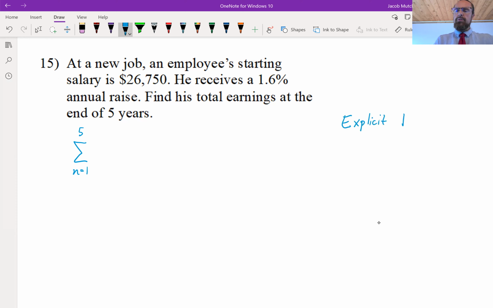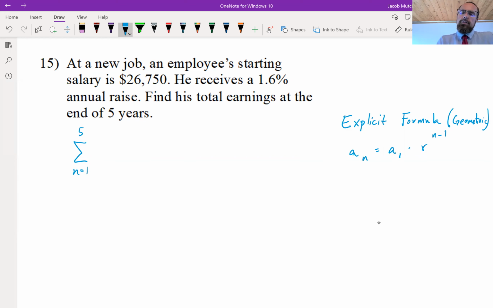So my explicit formula for this geometric series is going to be, again, just to remind how we would write that, a sub n equals the first term, a sub 1, times the common ratio to the power of n minus 1.